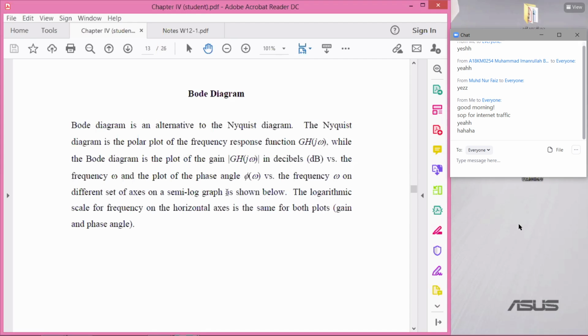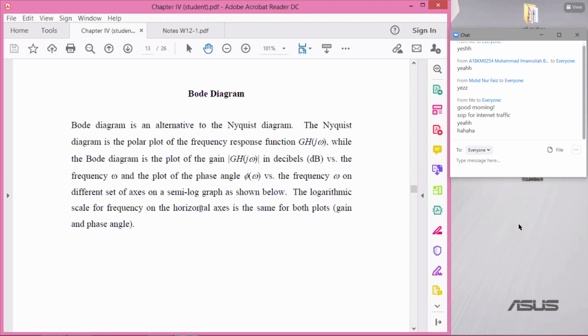One plot for the magnitude versus frequency, and the other is the phase angle versus frequency on the same scale. But since our omega is from 0 to infinity, and sometimes our magnitude is going to be very, very small, we're going to take the log scale on the horizontal axis, and then we're going to use the linear scale on the vertical axis. It is called the semi-log graph paper.